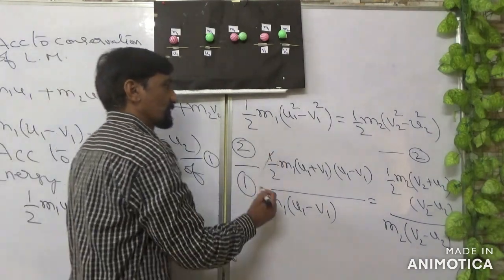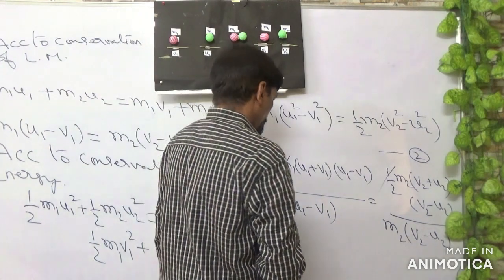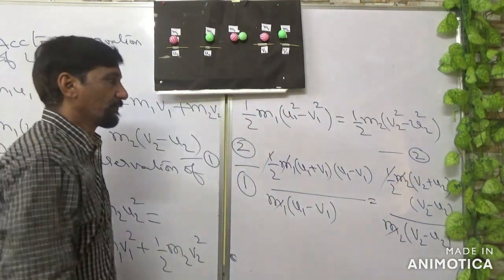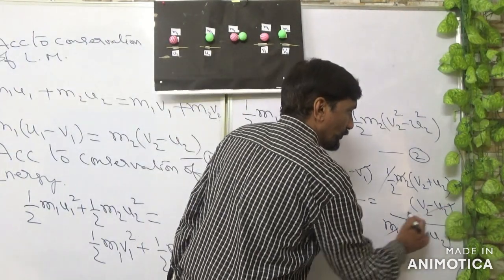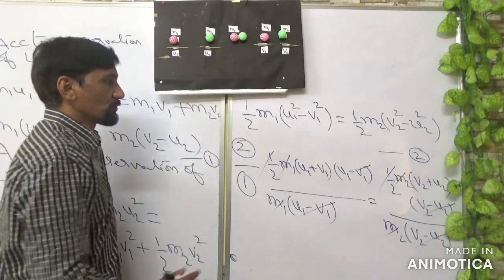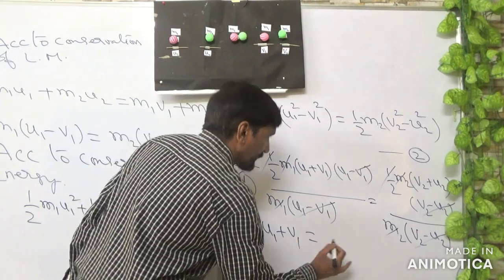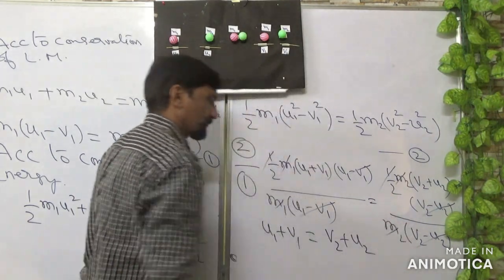Both sides half is there, so you can cancel; m1, u1 minus v1, m2, v2 minus u2 are cancelled. So this is left: u1 plus v1 equal to v2 plus u2.